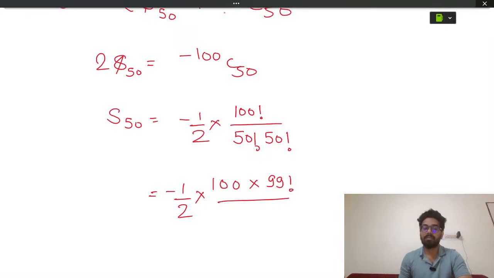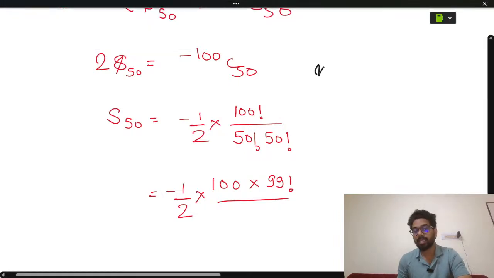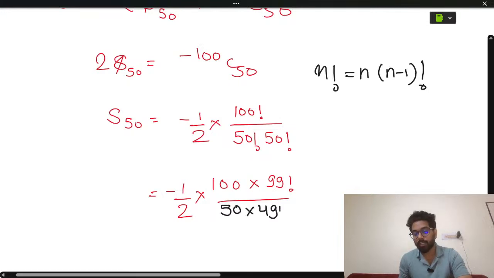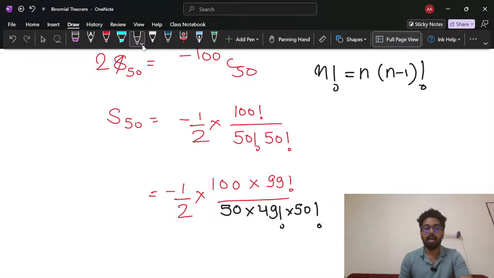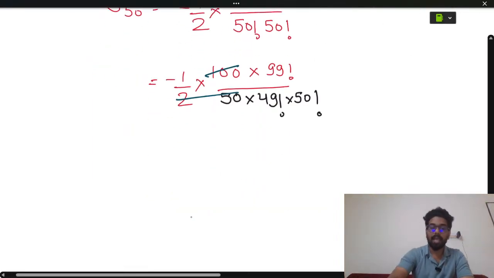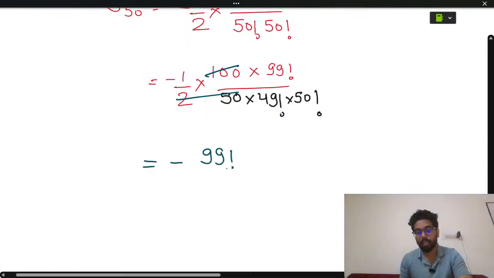I have given you this in the previous question also: n factorial is n into (n minus 1) factorial. Same thing over here: 50 factorial is equal to 50 into 49 factorial, and the other is 50 factorial. Now you can see that 100 divided by 2 into 50 cancels out, and finally we have minus 99 factorial by 49 factorial.